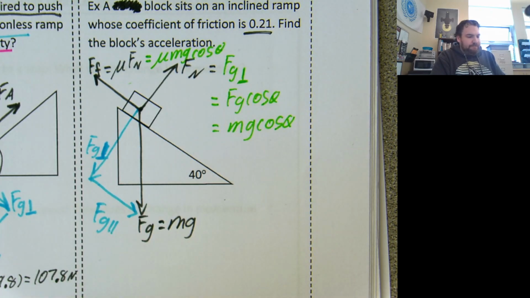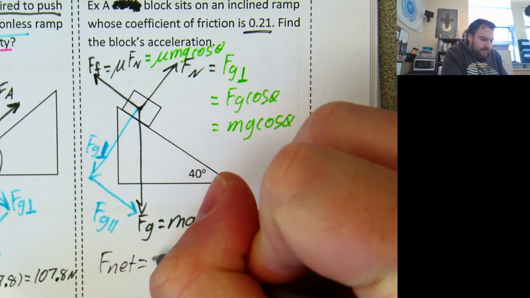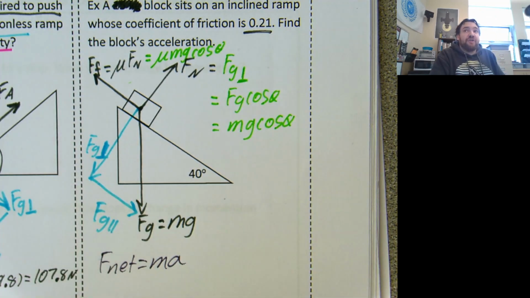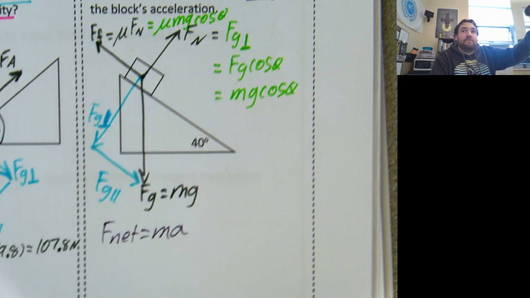Cool. Let's set up our equation. We want to find the block's acceleration. To find the block's acceleration, we're going to set up F net equals ma. What forces are acting in the direction of motion of our block?